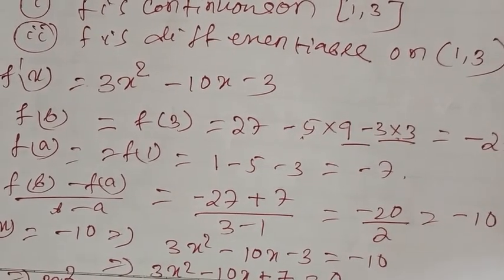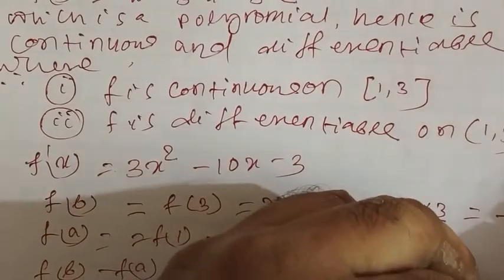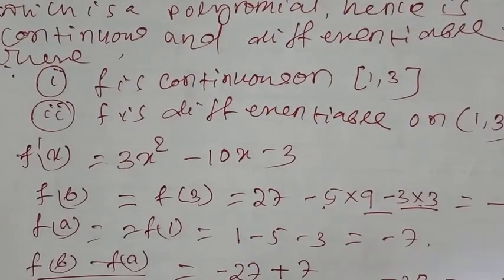So I got x minus 1 into 3x minus 7 is 0.